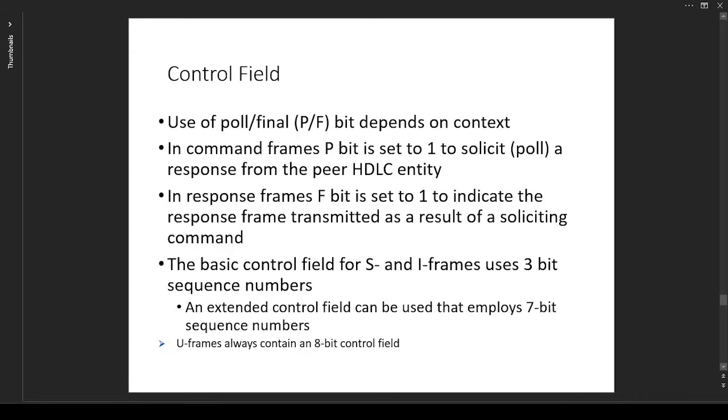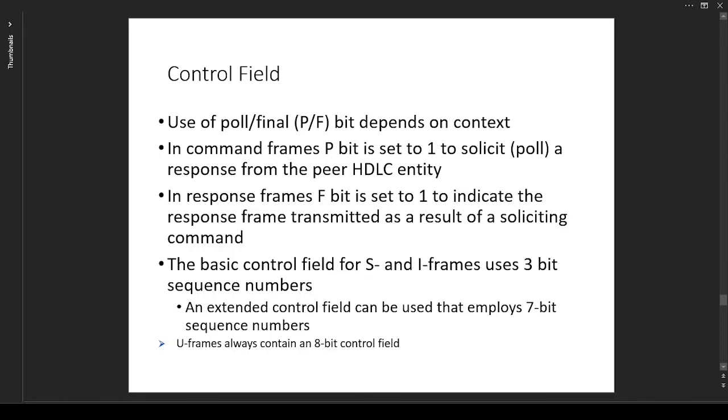Typically, in command frames, it is referred to as the P bit and is set to 1 to solicit a response frame from the peer HDLC. In response frames, it is referred to as the F bit and is set to 1 to indicate the response frame that transmitted the result of the soliciting command.